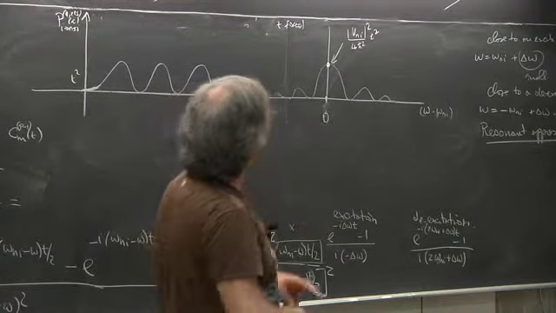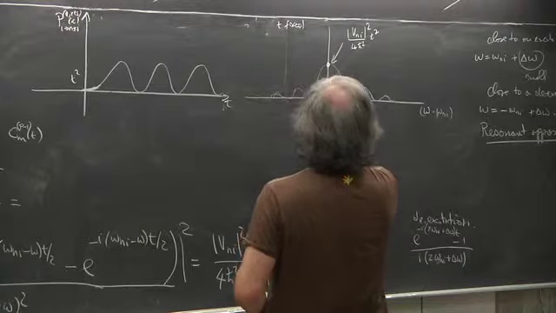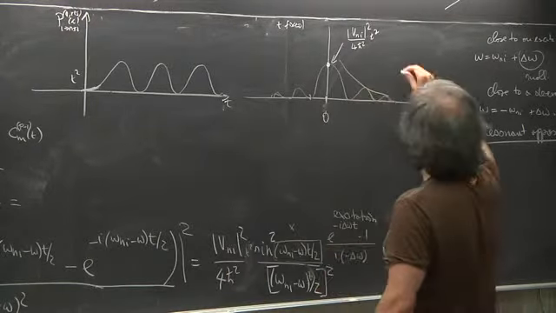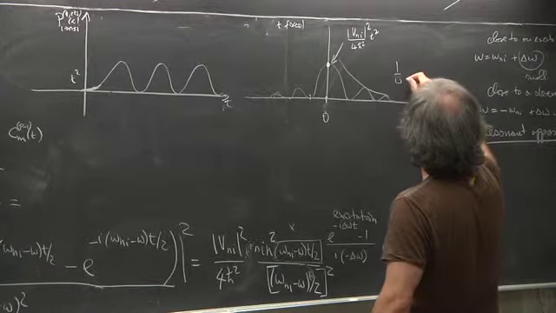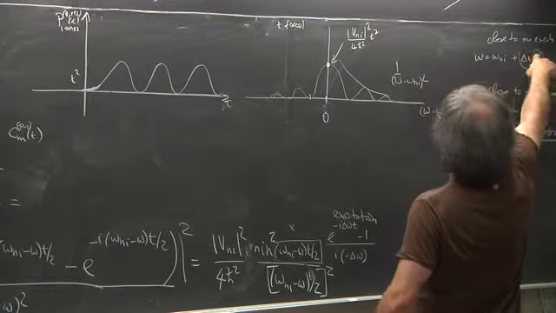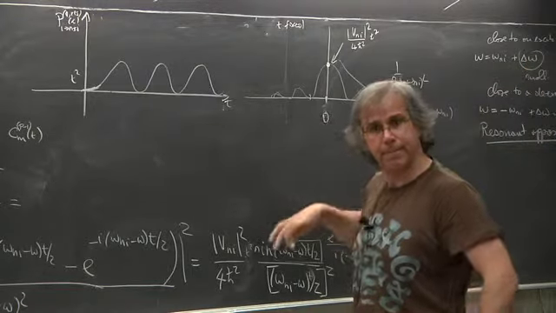As a function of frequency, it is sharply peaked there because this will decay as 1 over (ω − ω_ni) squared. In other words, as the square of the frequency difference, okay?